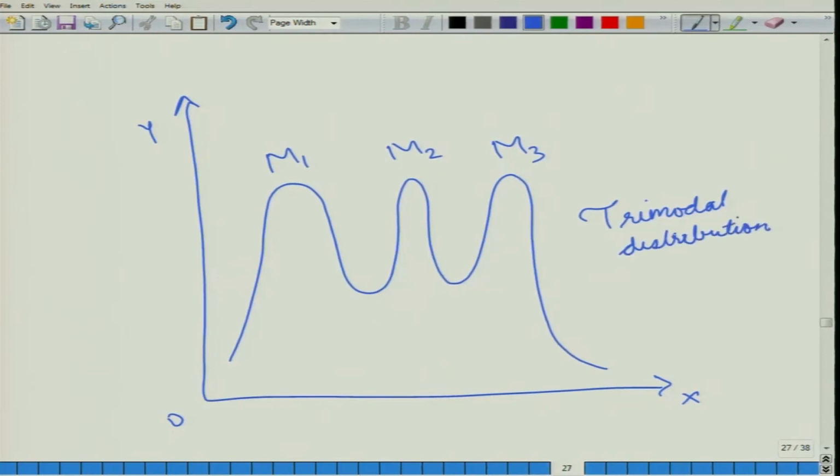Now, remember that we started our discussion on the measure of central tendency by asking whether we could have a single value that could describe this distribution. So, now if we have a trimodal distribution, what do we make of these 3 modes?